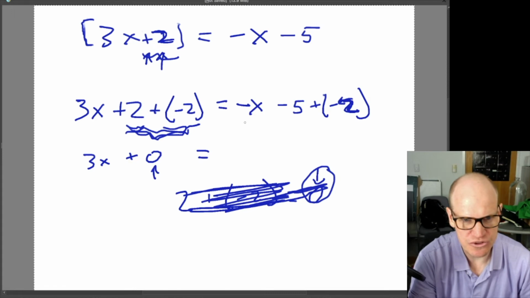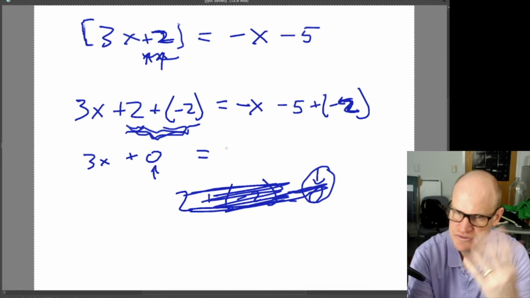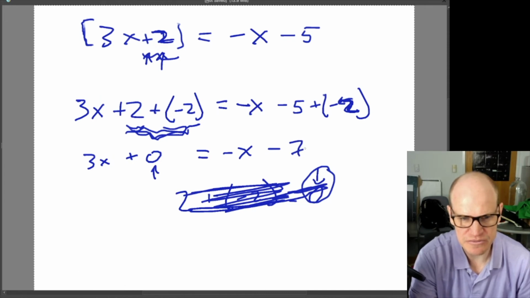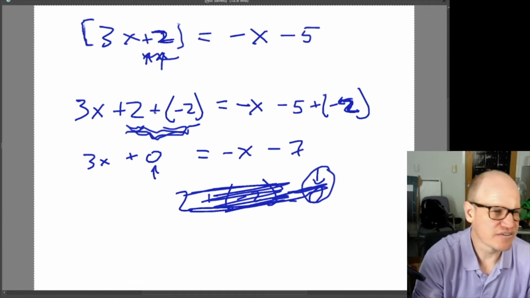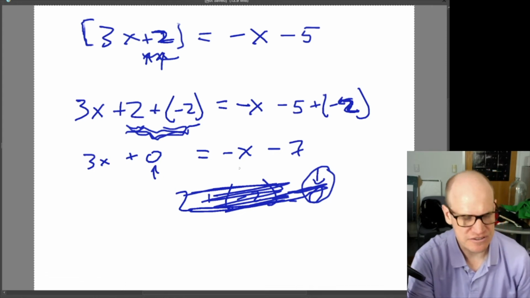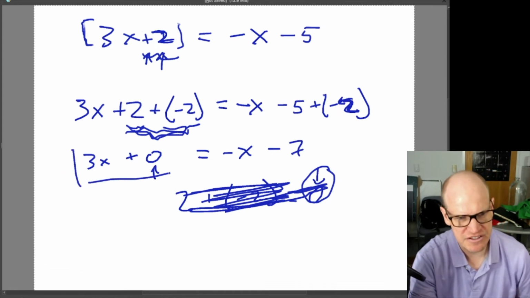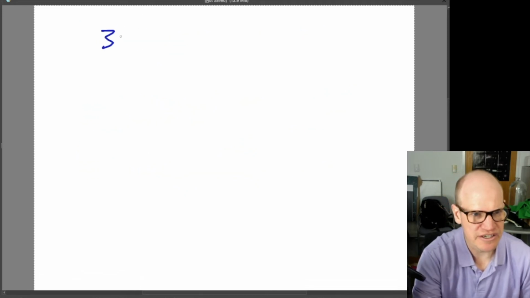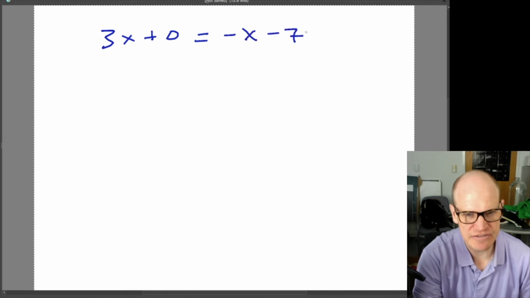And that's going to be equal to, using the rules of addition, -x - 7, so -5 plus -2 gives me -7. And I don't have an eraser, so we're going to have to deal with this. Let me write this now at the top. So I've got 3x plus 0 equals -x - 7.